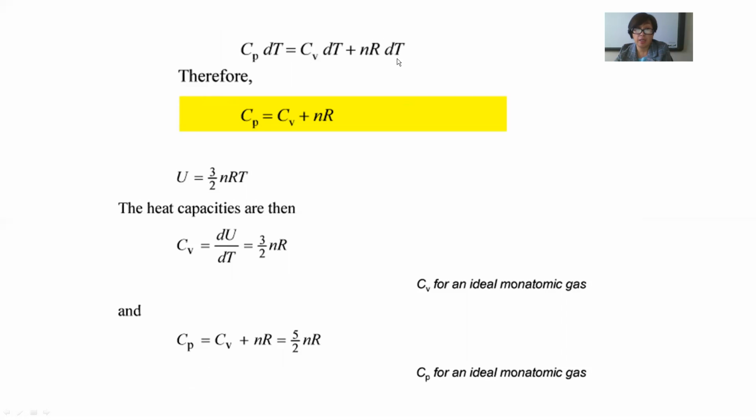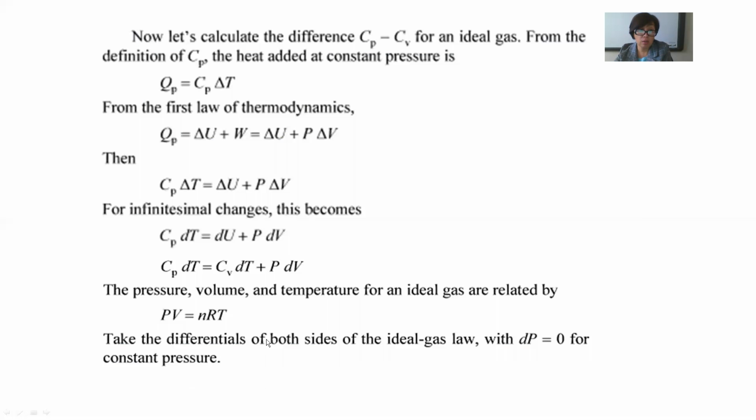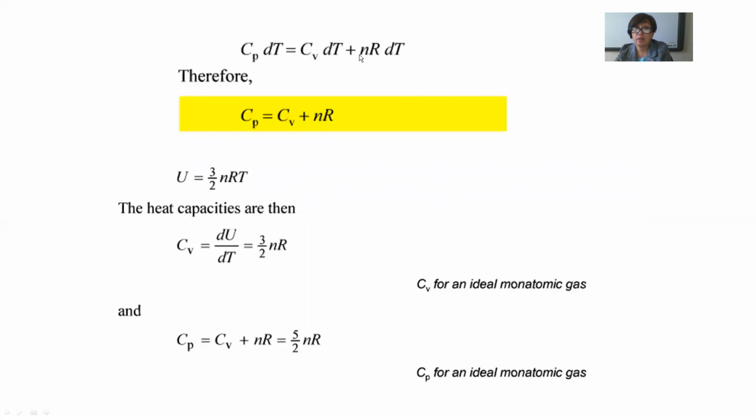So P dV equals nR dT, and therefore Cp equals Cv plus nR.